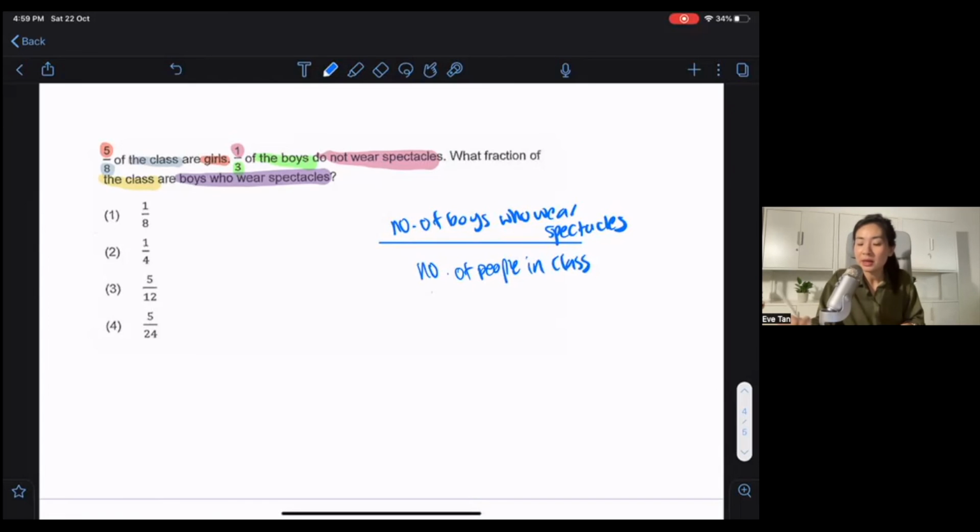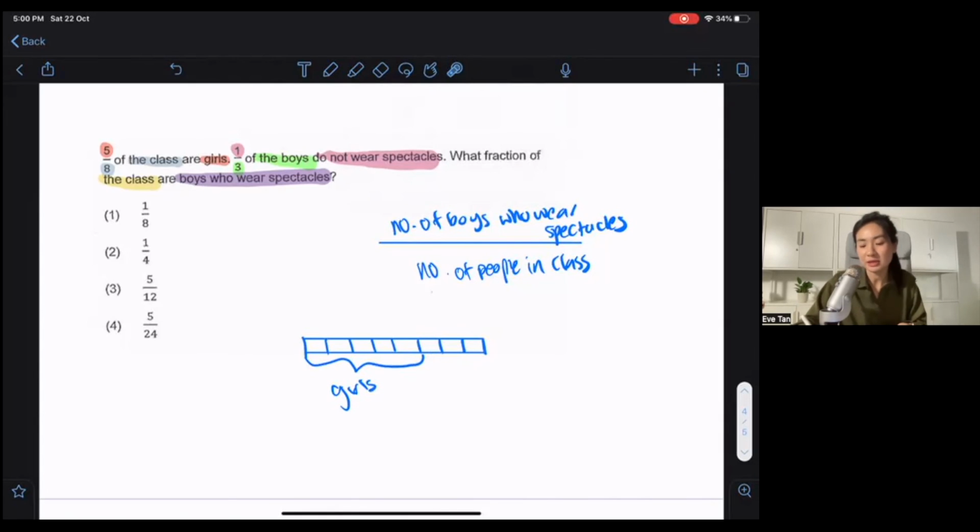Very straightforward. Okay, so now let us zoom into the question. I have 8 units in the class. Out of these 8, I have 5 units of them being girls. So which means the rest are boys. Now, if you notice, what did they say? 3 units of boys.